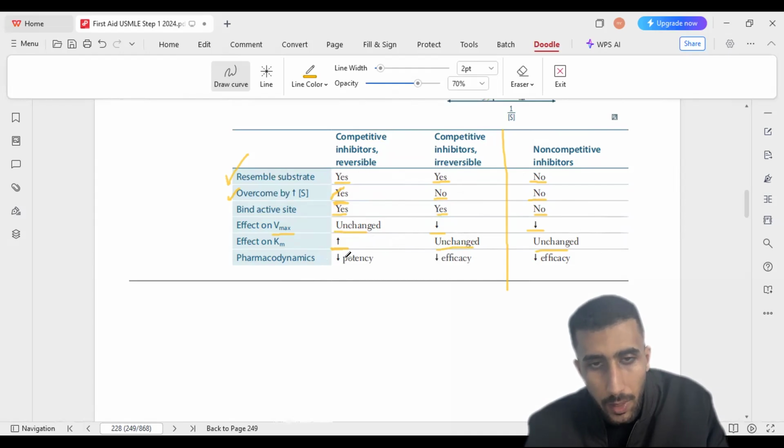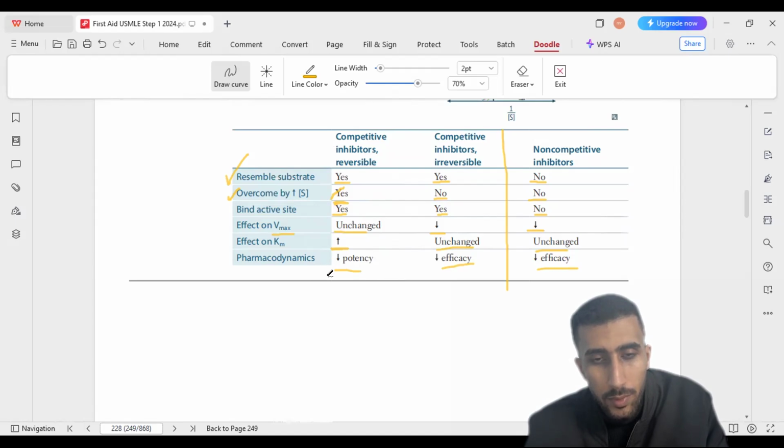And for pharmacodynamics, there are two terms, potency and efficacy. Essentially, potency means how much of the drug is going to be needed to produce an effect. So competitive inhibitors, which are reversible, decrease potency.